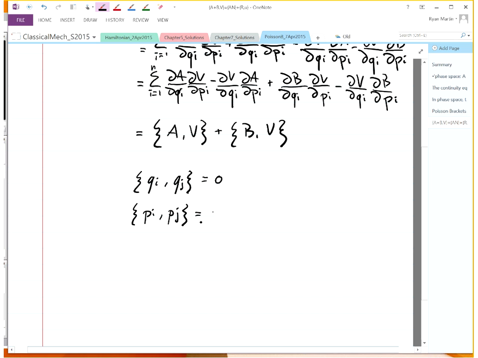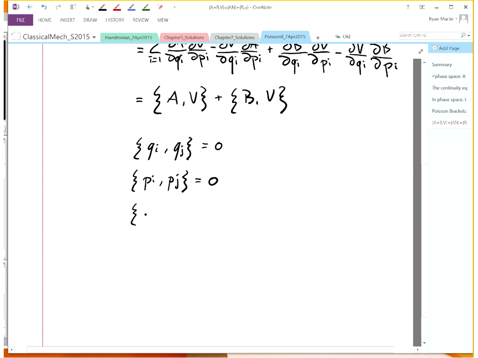Similarly, the Poisson bracket of a generalized momentum with another component of generalized momentum is also always 0. Now, the interesting one, though, is I take the Poisson bracket of coordinate q_i with the momentum p_j.